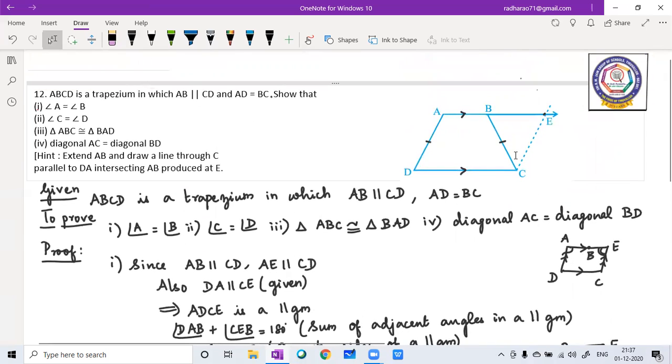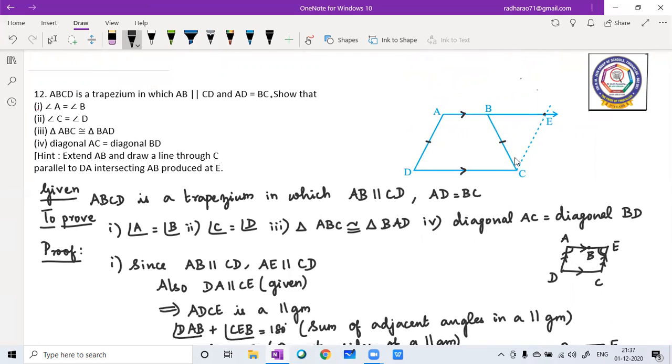When you look at it, angle CBE plus angle ABC makes 180 because they are a linear pair of angles.